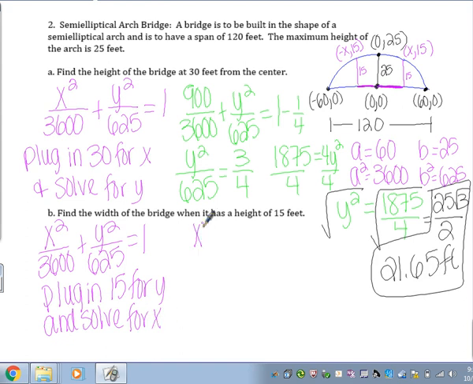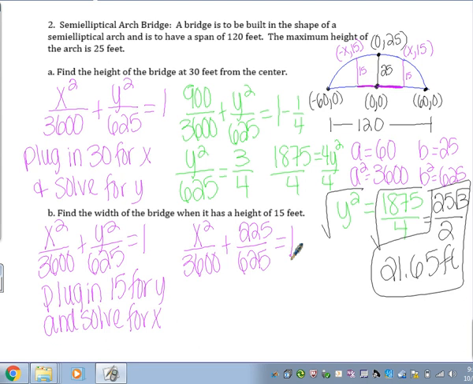So now I've got x squared over 3600 plus, and then 15 squared is 225 over 625 equals 1. You cannot square root both sides right now. You have to bring this over first.